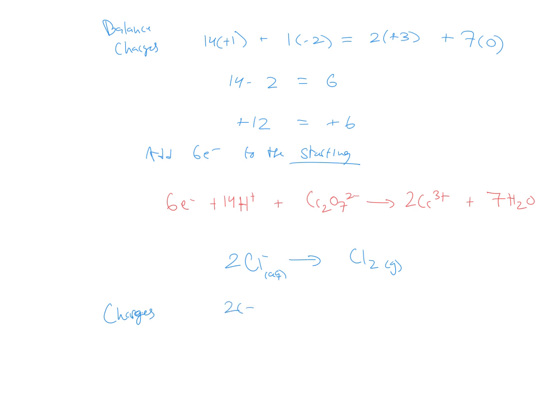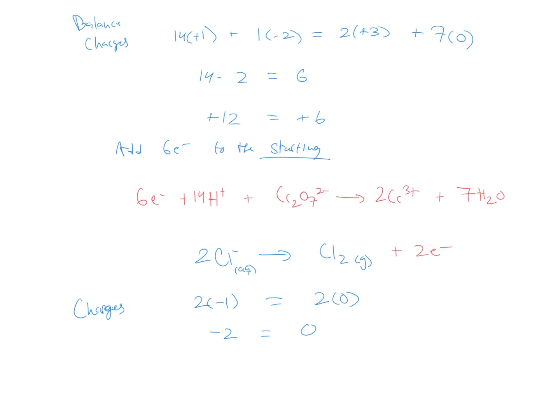We have 2 times -1 should be equal to 2 times 0, and so -2 is not equal to 0. In order to balance out this oxidation reaction, we should add 2 electrons to that side of the reaction. Now, of course, we need to balance our electrons between these two half reactions.